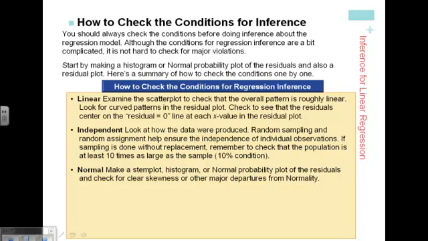If we see those normal probability plots with a nice straight line, then we say that the distribution of data is linear. If the normal probability plot is linear, that means the data is normal.